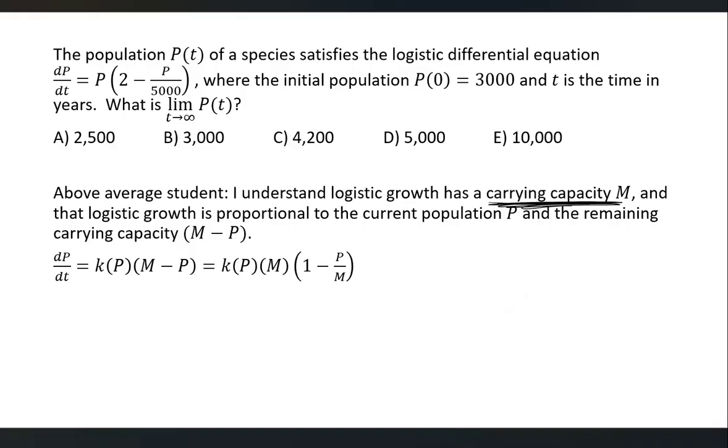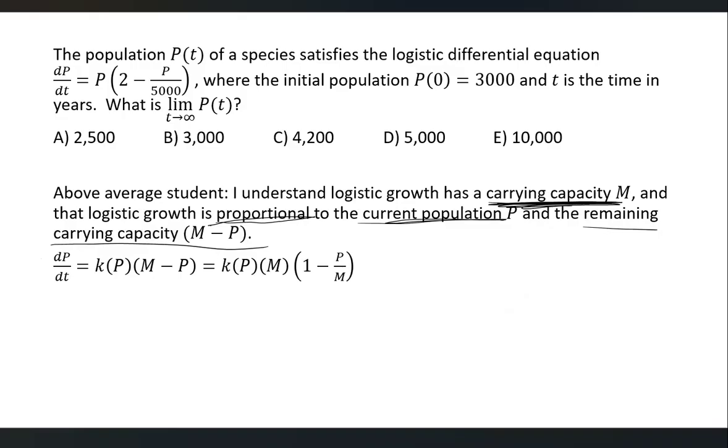And the differential equation for logistic growth, so the actual growth, is proportional to the current population and the remaining carrying capacity, M minus P. If M is the carrying capacity, the maximum that the land can handle, and P is the current population, M minus P is the remaining that it can support. That's why I called it remaining carrying capacity.